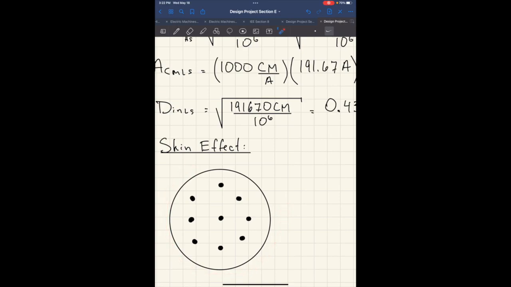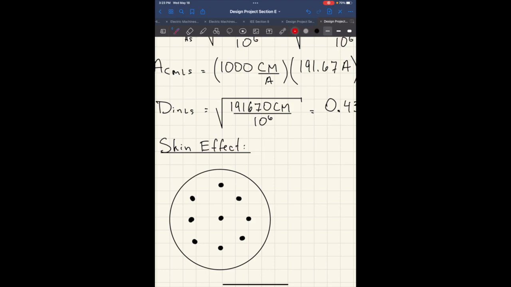By right-hand rule. You point your thumb in the direction of the current, your fingers will curl in the direction of the magnetic field. Now, this magnetic field is not only going to be outside the cable, it's going to also be inside the cable, right? So if you look at this current here, you're going to have magnetic fields everywhere, right? And they'll all add up eventually to the whole big one.